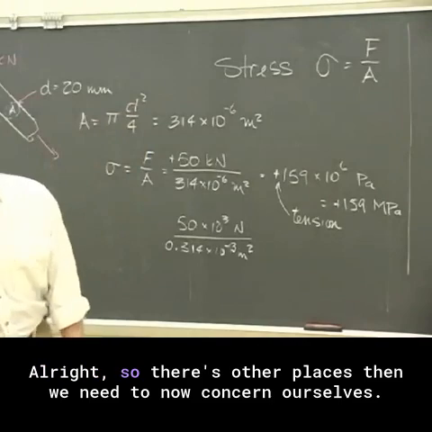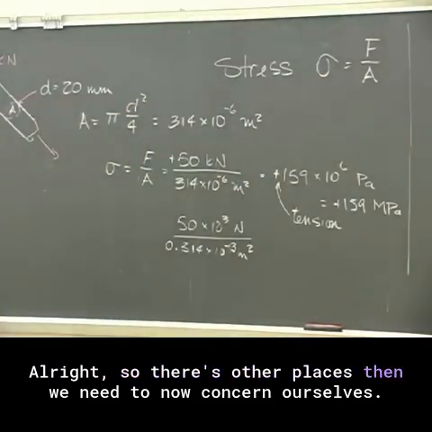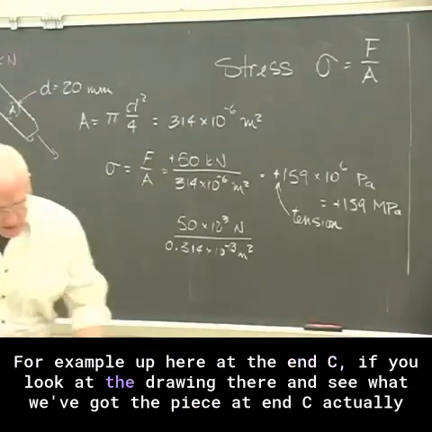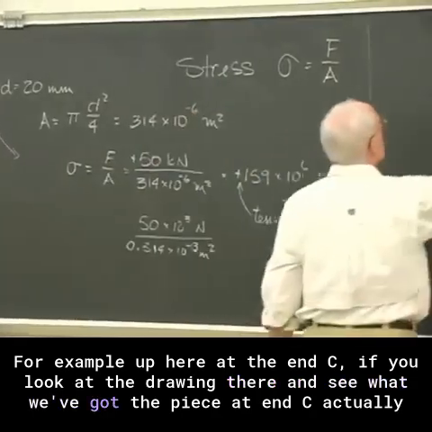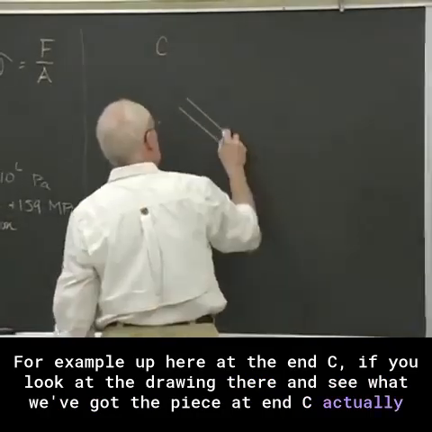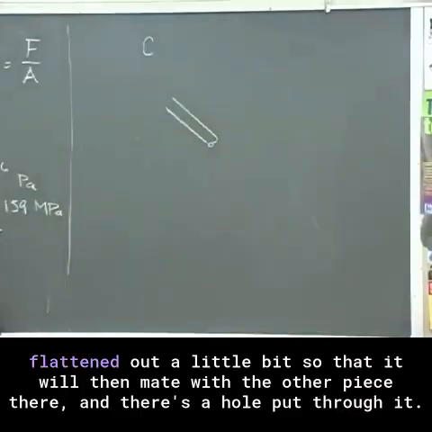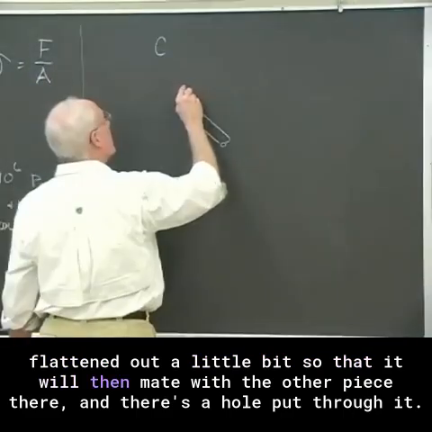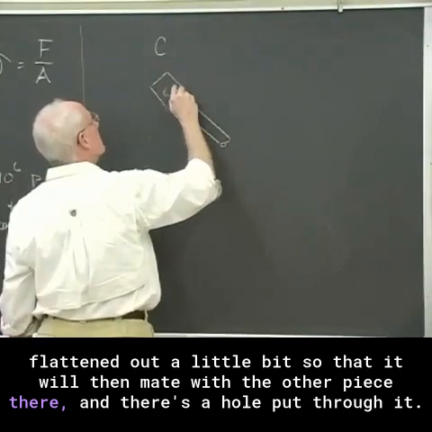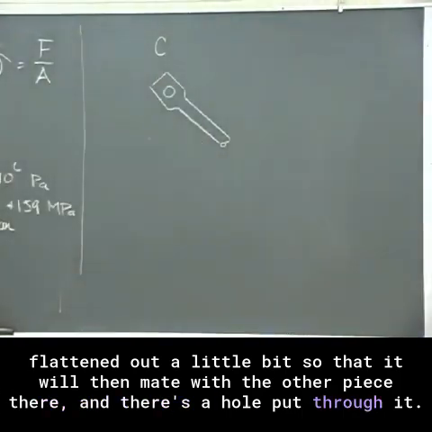All right, so there are other places we now need to concern ourselves with. For example, up here at end C, if you look at the drawing, the piece at end C is flattened out a little bit so that it will mate with the other piece, and there's a hole put through it.